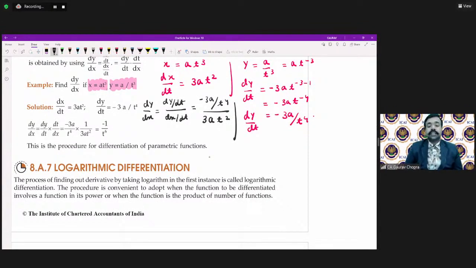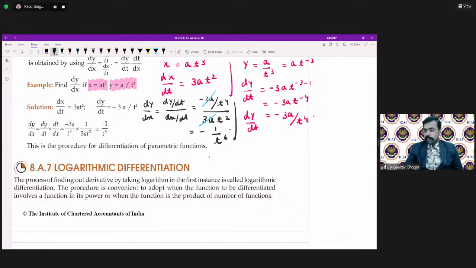Now we can cancel some of the terms. 3a and 3a get cancelled. Similarly, t to the power 4 and t square will not get cancelled because both are in the denominator, so they combine. The final result will be negative 1 by t to the power of 6, that is minus 1 by t to the power of 6.